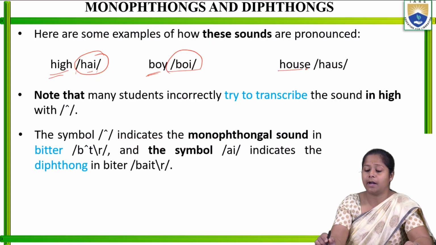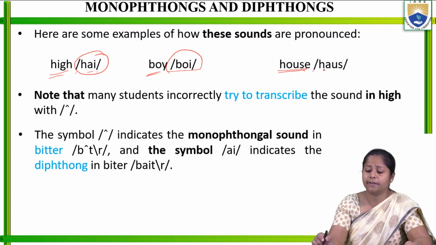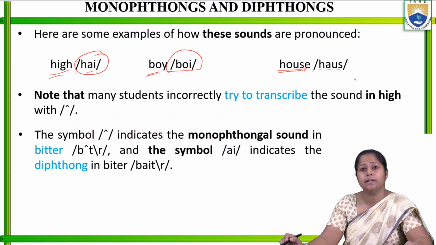Now let's consider house. House is written in the form /HAUS/. We have seen in the earlier slide that AI, OI and AU were there. These make sounds like monophthongs and diphthongs.